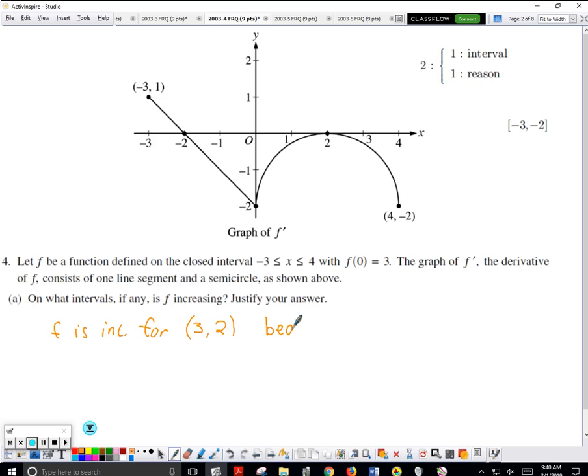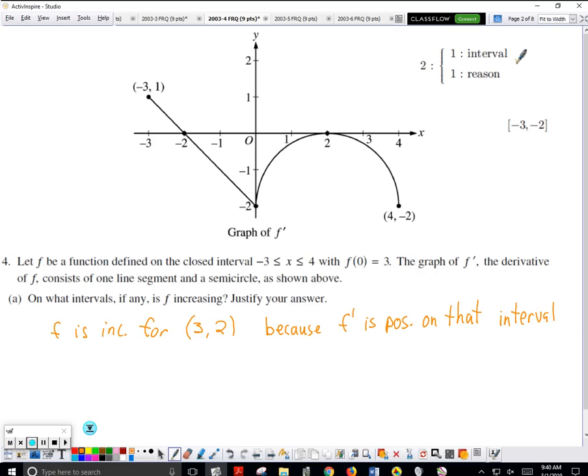The first three are calculator, the last three are non-calculator. So this is no calculator because f prime is positive on that interval. That's all I need to write. I get 2 points for that.